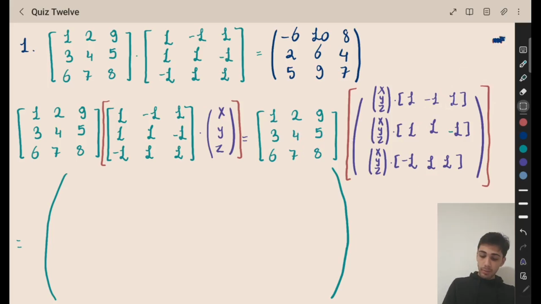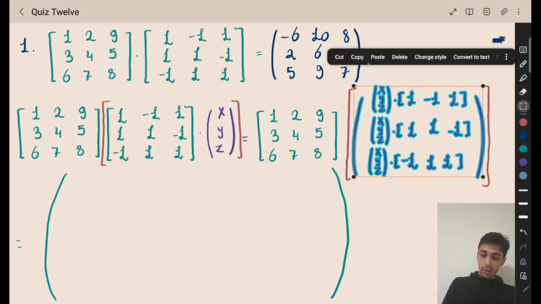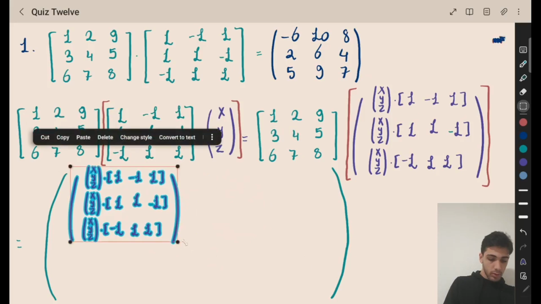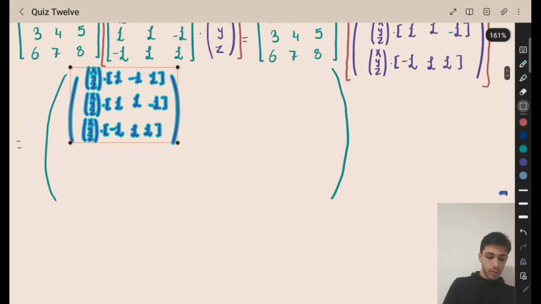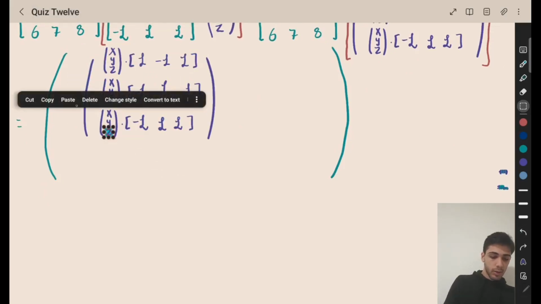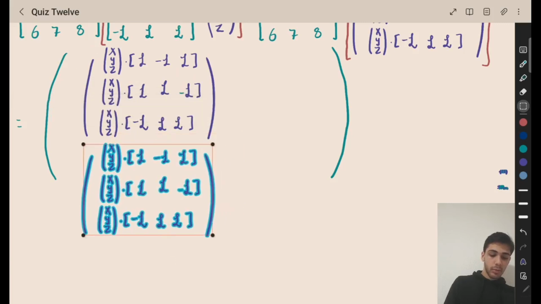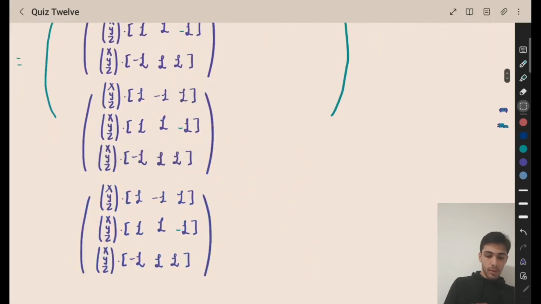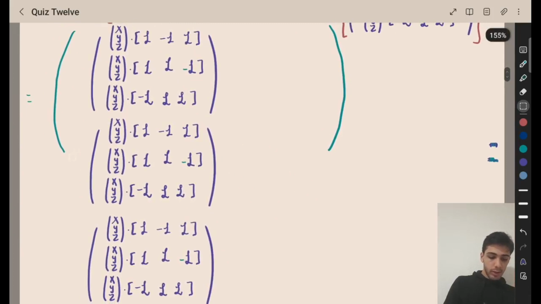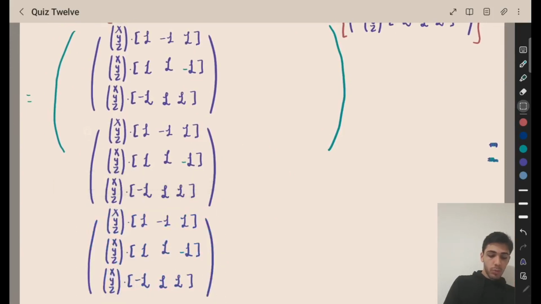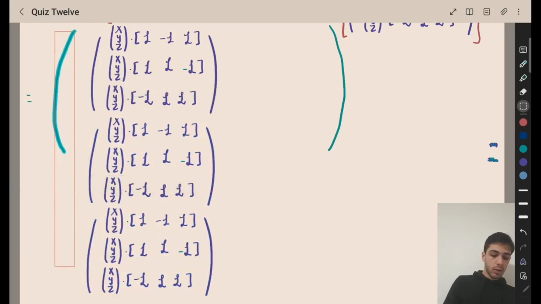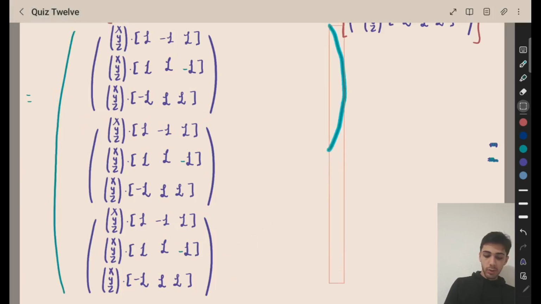So I take the vector as it is, and okay, since I have space, maybe I can just put it 3 times. And after writing this vector down 3 times, what we did is we multiplied each respective entry by the respective row in the new matrix that we're trying to apply.